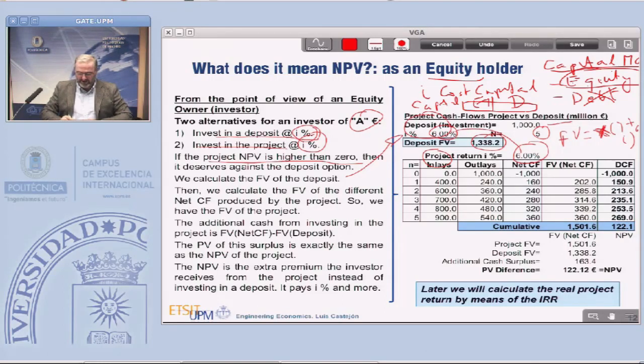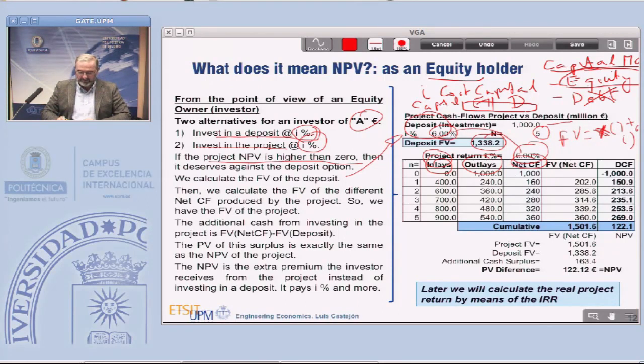So we have this investment project, those inflows, those outflows. This is the net cash flow, we know how to do all of that. In the previous case we used it to calculate the net present value. Now we are going to use it to calculate the future value of those net cash flows.